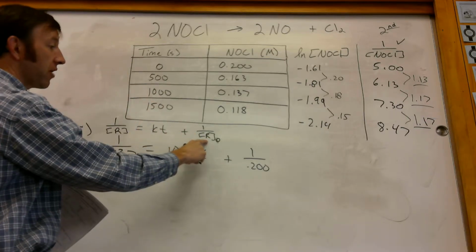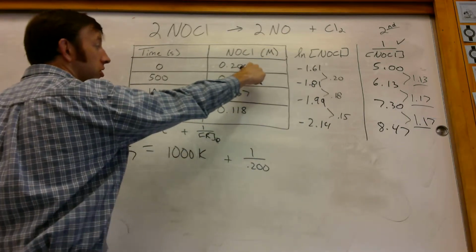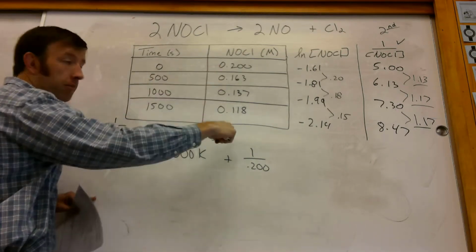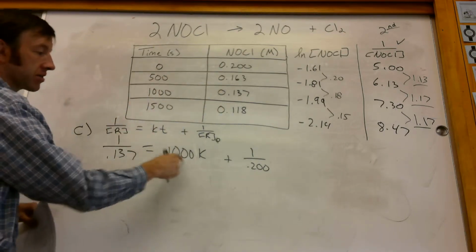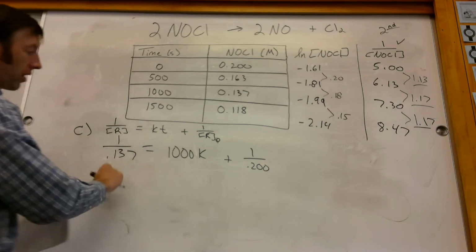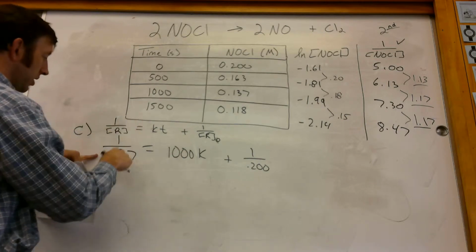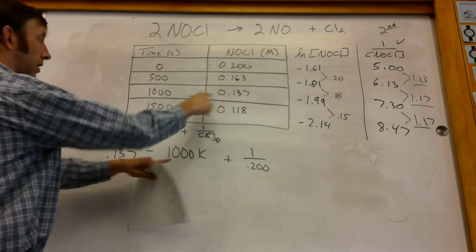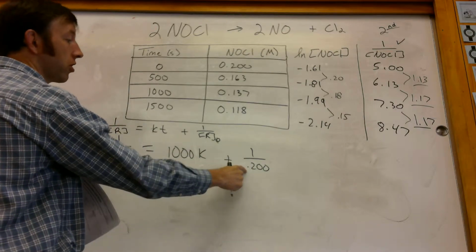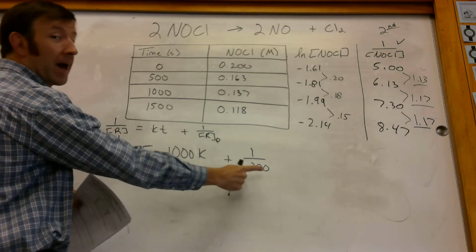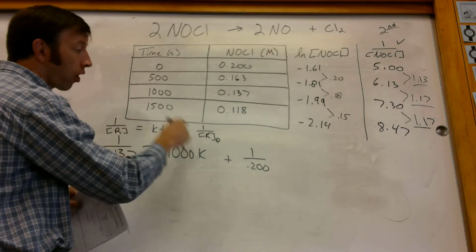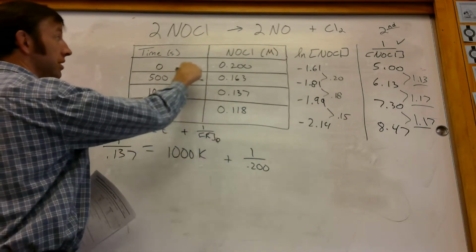So my molarity of my reactant at 0 seconds is 0.200. 1 over molarity reactant, I just chose one of them, right? And I just chose that one because I get to use 1,000, and that's the easiest number to divide by when I get to it. All right? So I just plug my numbers in, 1 over 0.137 equals 1,000 times the rate constant plus 1 over 0.200, and I use this one, and this is the one I have to use in this case because that variable is always the molarity at 0 seconds.